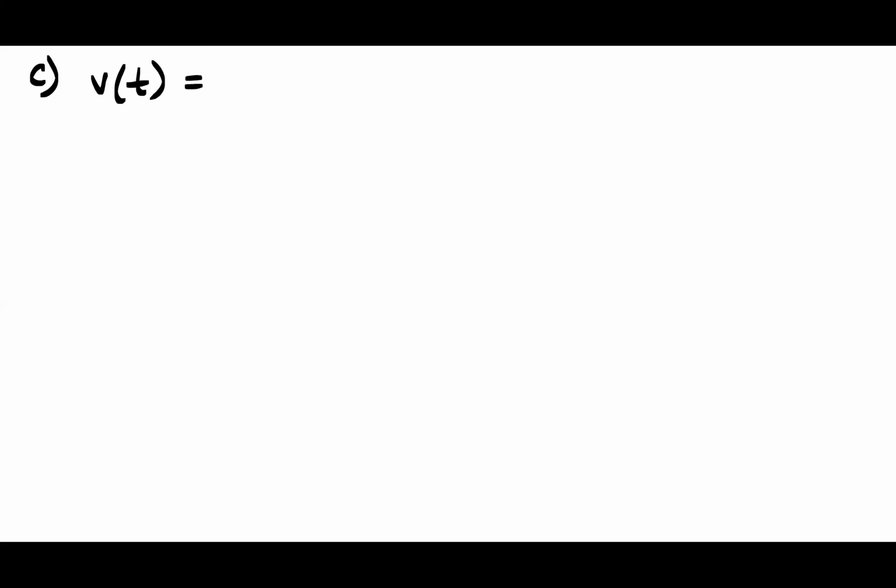All right, let's see. When a particle's at rest, it's not moving forward, not moving backwards, it's at 0, right? So a particle at rest just means the derivative or the velocity is set equal to 0. And we may have to do some factoring here. So please guide me through this.